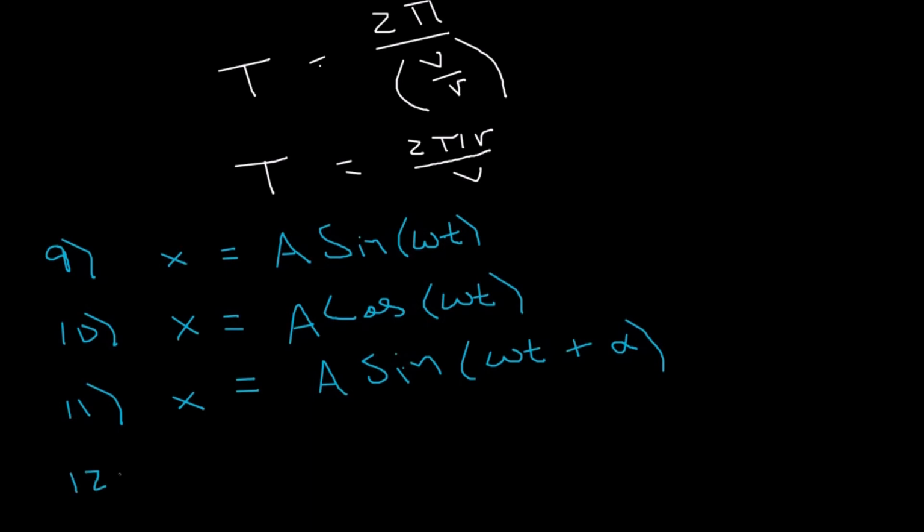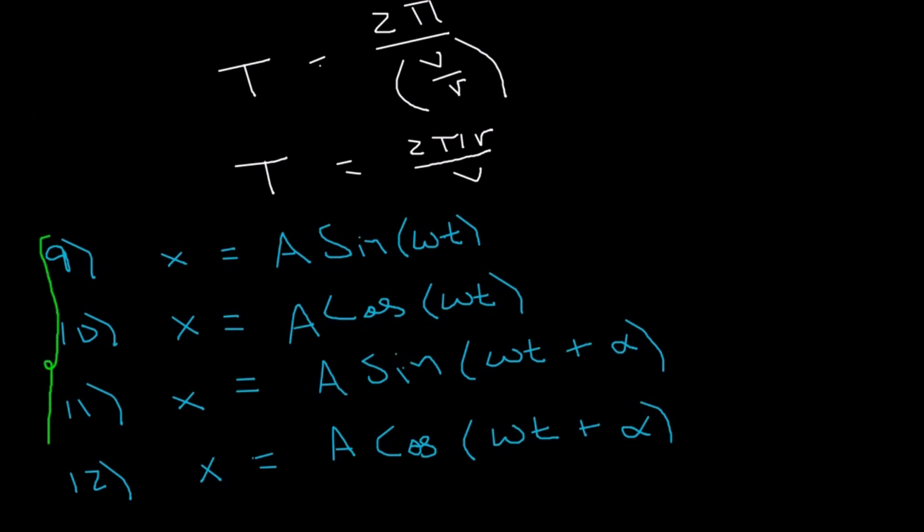Equation number 12 is x is equal to a cos omega t plus alpha. And once again, none of these are in the tables, so you need to know these off by heart.